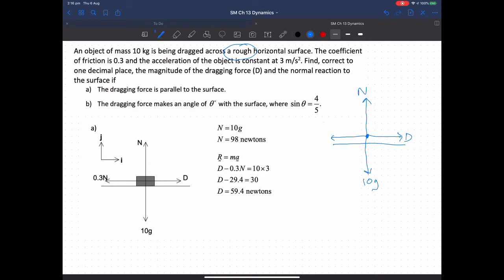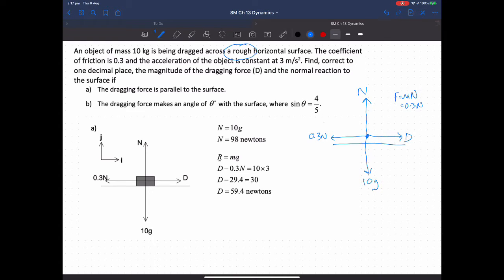And because we know friction is equal to the coefficient of friction, mu, times n, the normal reaction, and we are told the coefficient of friction is 0.3, we get 0.3n. That must be operating in the opposite direction to the dragging force.